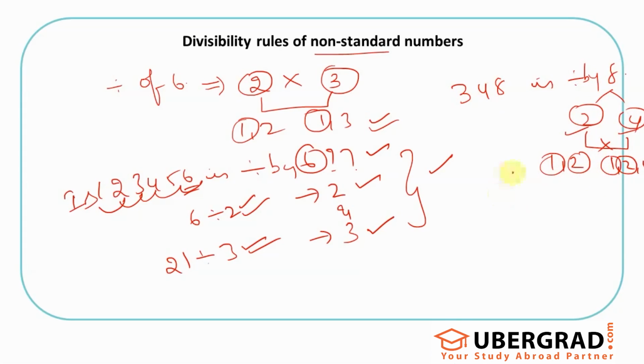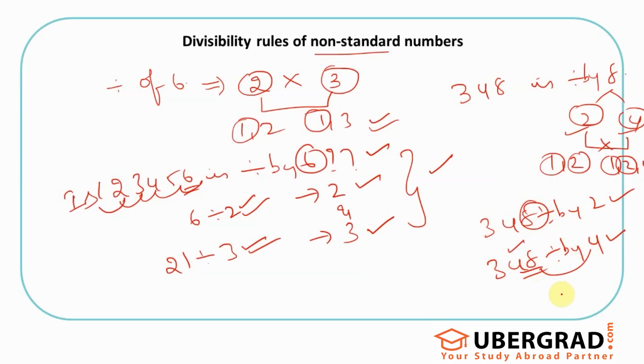So these are not coprimes, but let's still go ahead and do it. Is 348 divisible by 2? Yes, the last digit is 8, and 8 is divisible by 2. Is 348 divisible by 4? 4 12s are 48. So yes, the last two digits are 48, and it is divisible by 4.